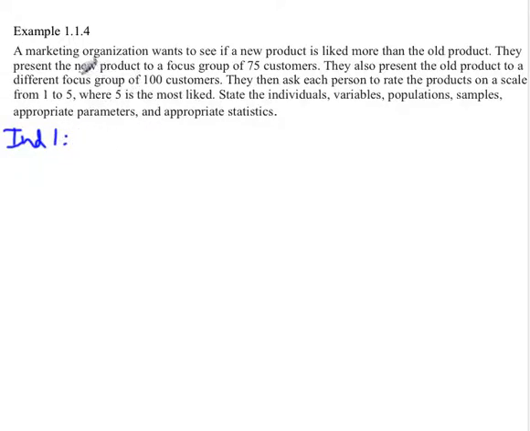As I read through this, I see that they're talking about the new product and they're talking about customers. So individual one could be a customer who uses the new product.